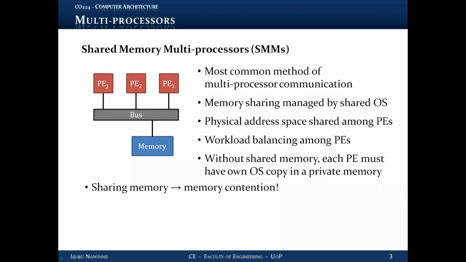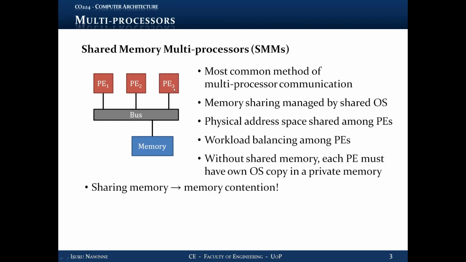So now we have multiple CPUs, multiple processing elements accessing the same memory. So they have to contend to gain access to the memory, right? So if one processor is already sending a request to memory to do a read, then the other two processors have to wait. So more waiting time, right? And the traffic on the bus is now more.